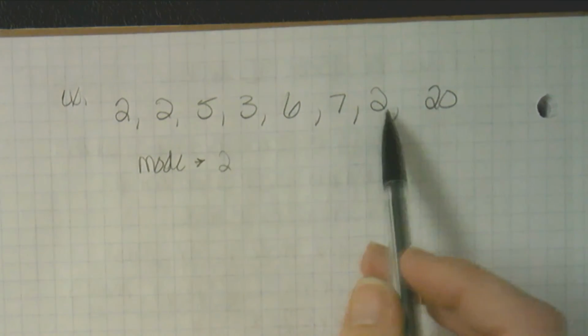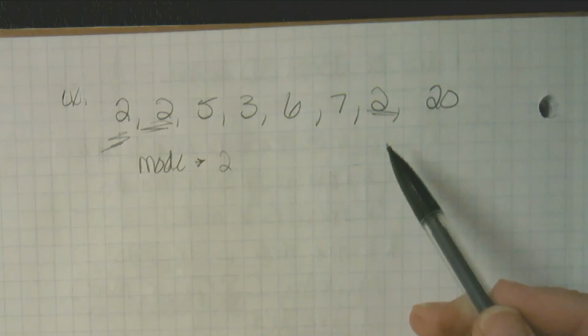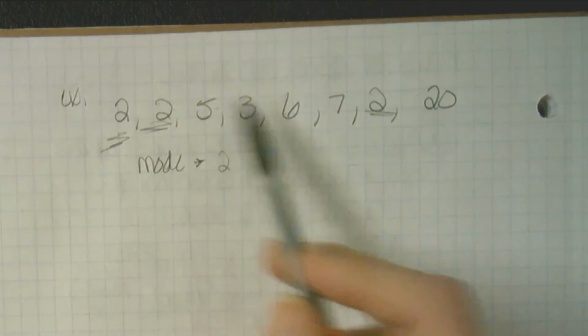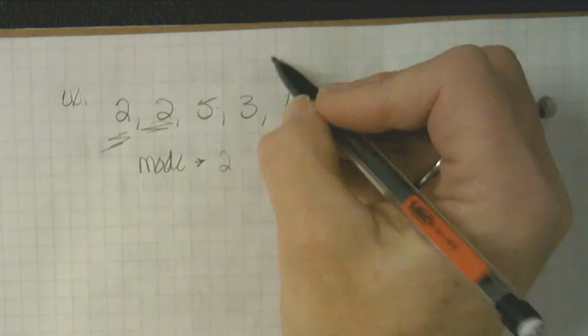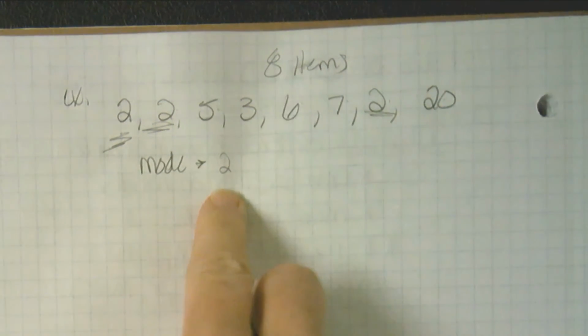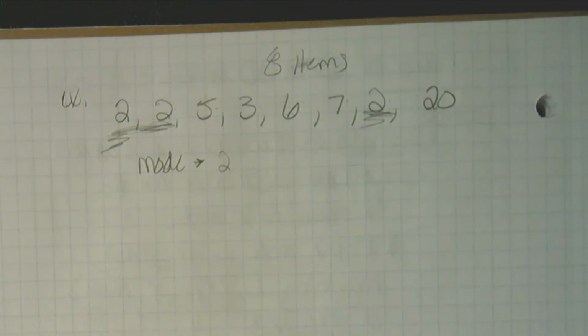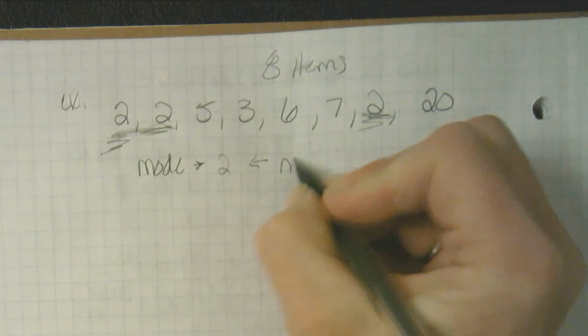There are 3 of your modes, right? Well, how many data items are there? So we have 8 data items. There are 3 2's. Is that the vast majority? Is that 50% of the data? All right, so 2 is not 50% of the data.